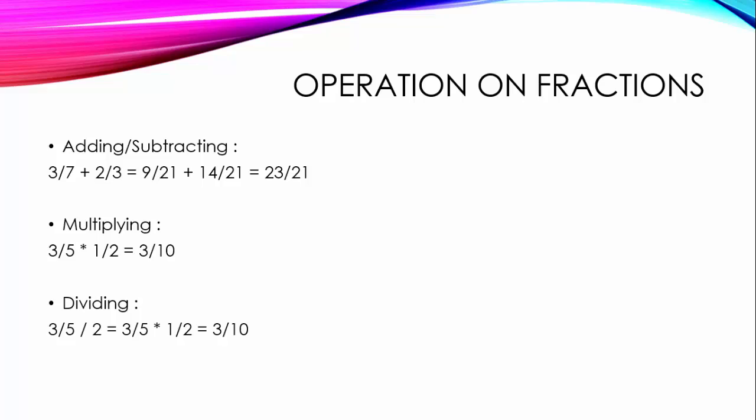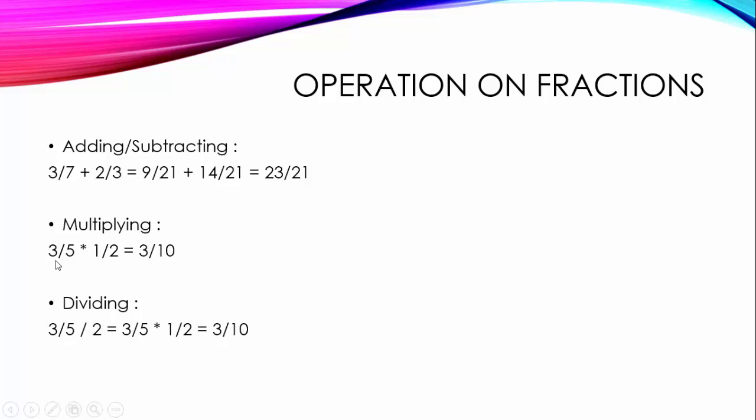You can see, for example, in adding 3/7 plus 2/3 would give you the LCD as 21, and if you add following the instructions, you get 9/21 plus 14/21 is equal to 23/21.